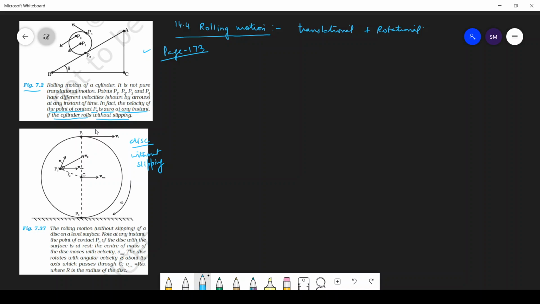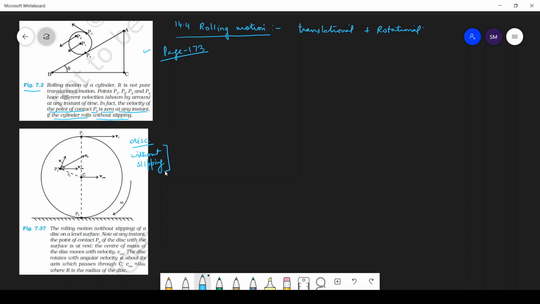So what does this mean, moving without slipping? It means that at any instant the bottom of the disc, which is in contact with the surface, like here it was P3, here the point is P0, is at rest.